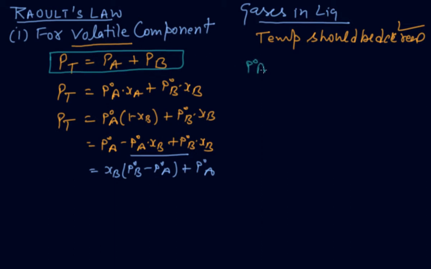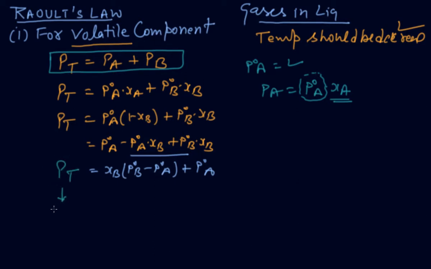P naught A denotes the pure pressure, and PA is equal to P naught A times XA, where XA is the mole fraction of that gas and P naught A is the pressure of the pure component. It is to be multiplied, it gives you PA, and you come to know the total pressure in this way.